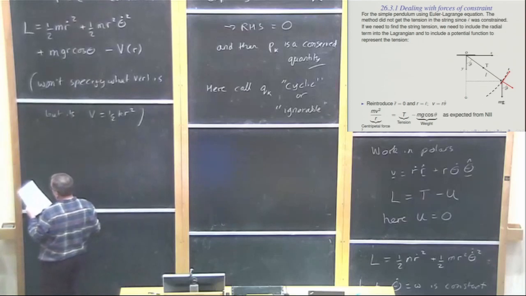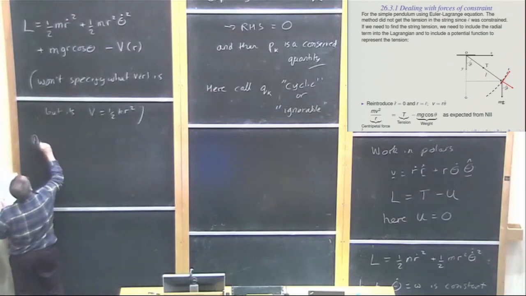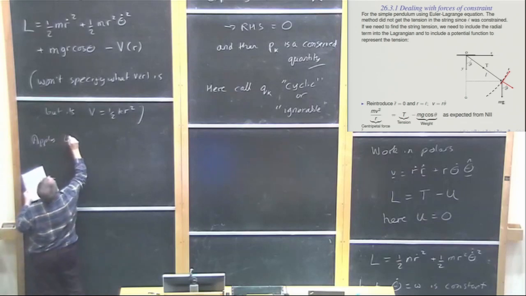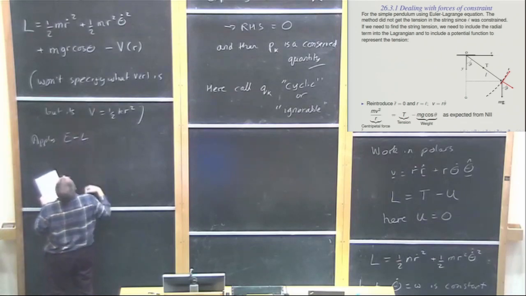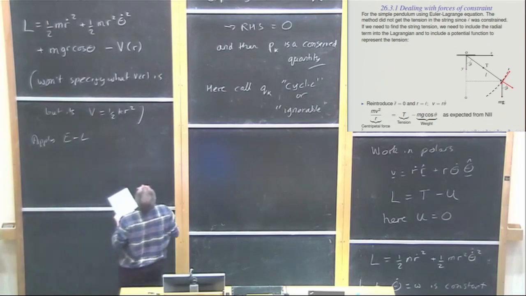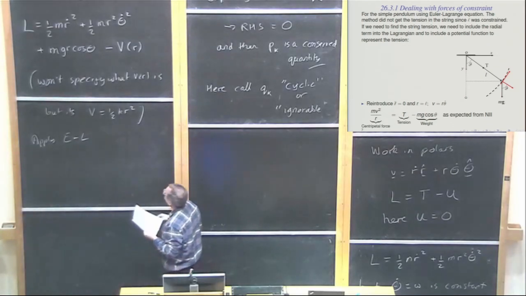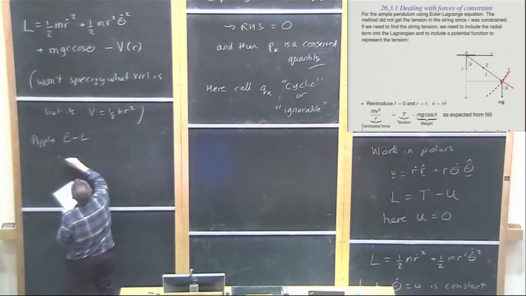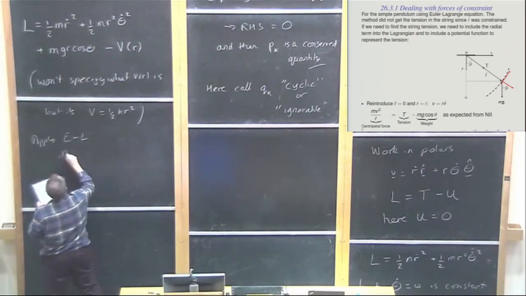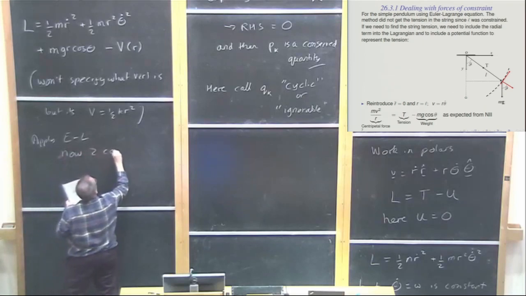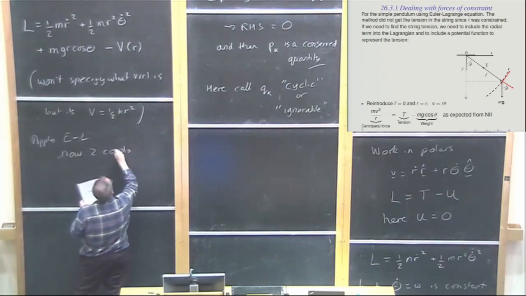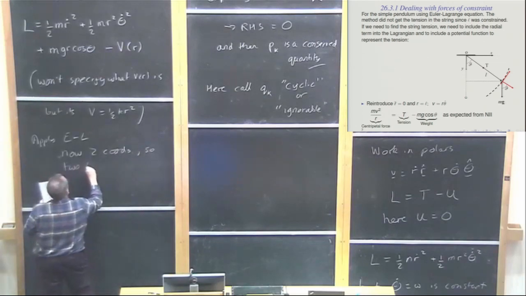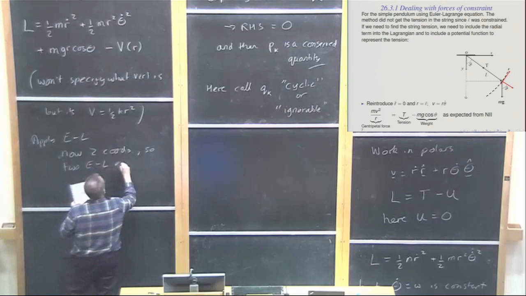Right. So we now apply Euler-Lagrange again. So look, what we have now is two coordinates, so two Euler-Lagrange equations.